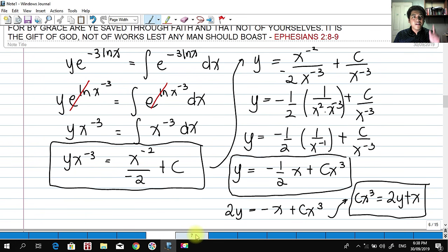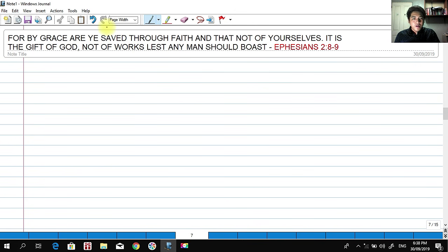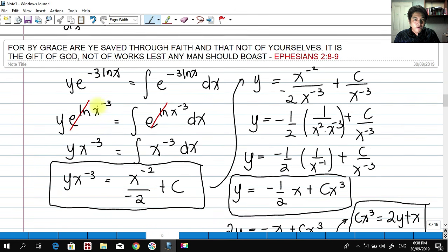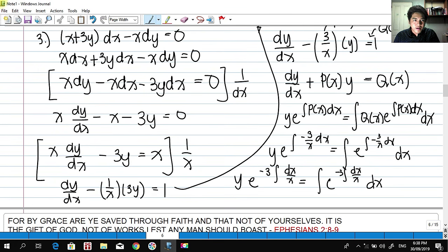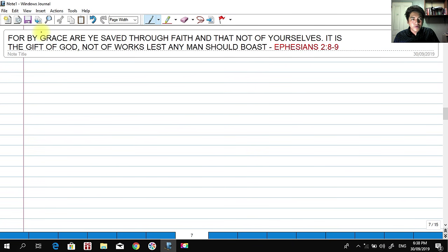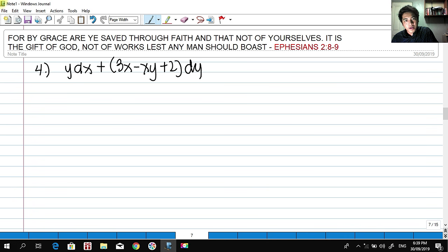Okay, let's try to solve more problems again. For problem number 4, we have the given, which is y dx plus (3x minus xy plus 2) dy is equal to 0.